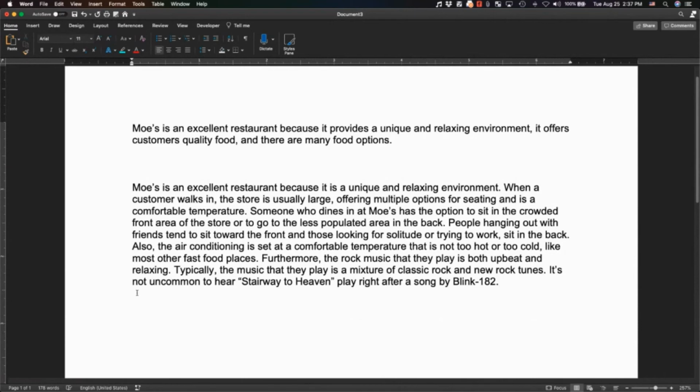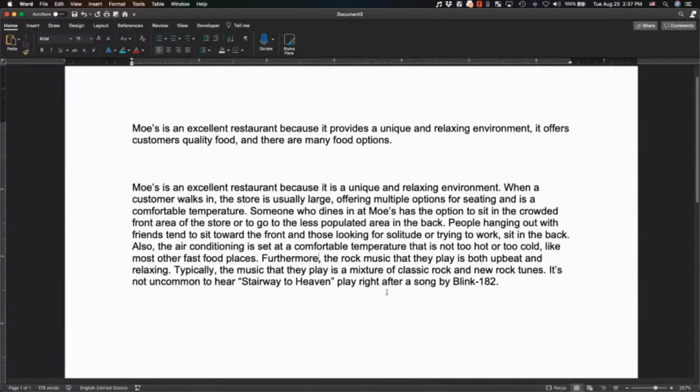You could also say "in addition," and that suggests, okay, these other things that we just talked about are true, but also this, right? Or we can even just go with "also." That works as well. I kind of like "furthermore." It makes me feel fancy, so I like to use it, right? So furthermore, the rock music that they play is both upbeat and relaxing.